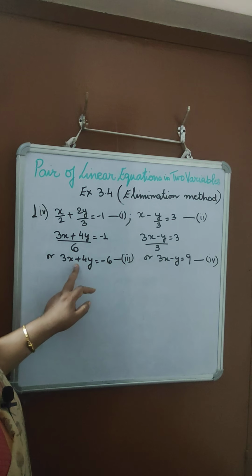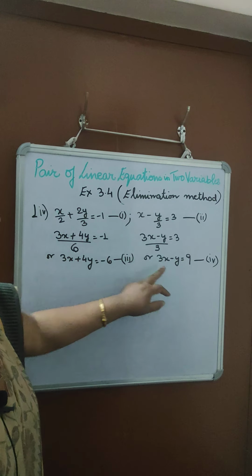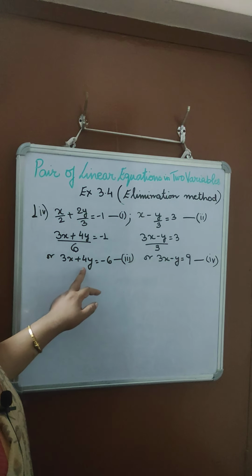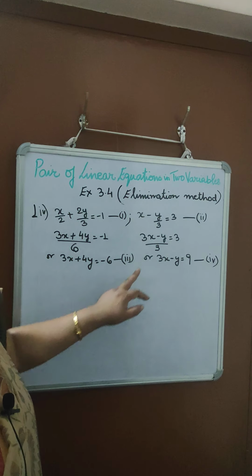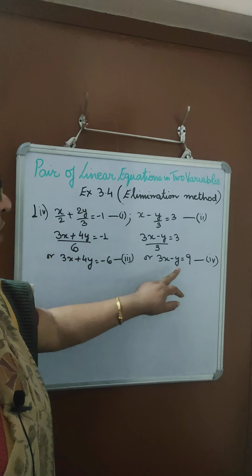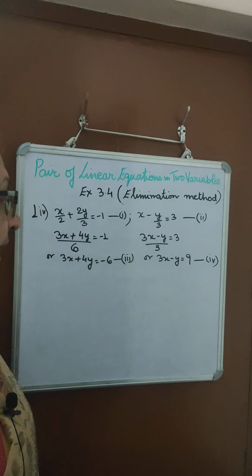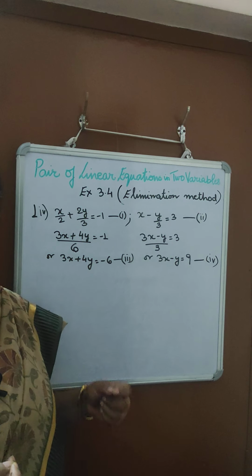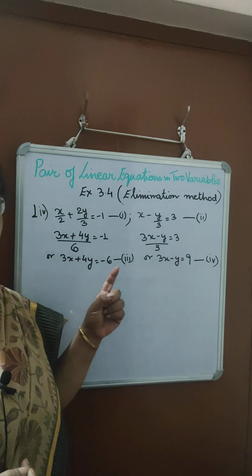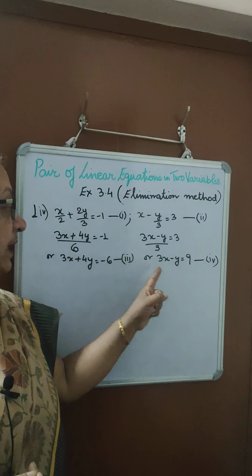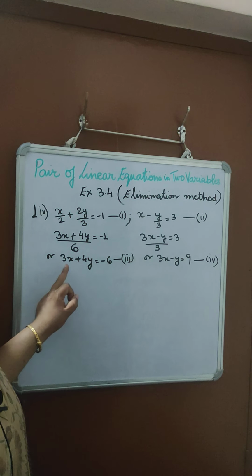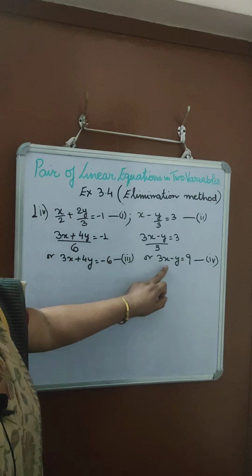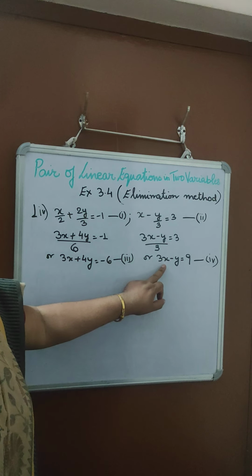Okay, so now we have these two equations. 3x plus 4y equal to minus 6 and 3x minus y equal to 9. We have to eliminate. So we have to make any of the variables equal in both the equations. So you see, we have 3x here, we have 3x here.